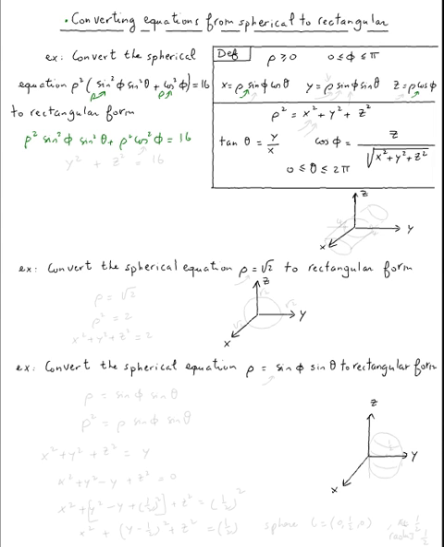Now look at the y. This is going to be y squared, plus, and if you look at the z, z squared equals 16. So y and z.